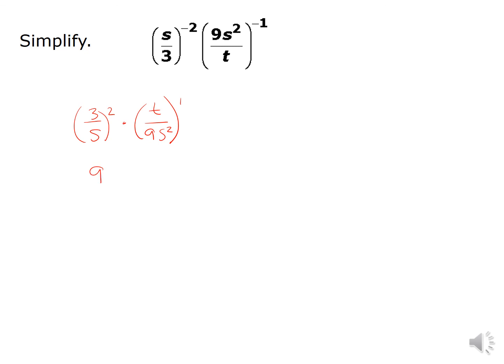So now it's 9 over s times t over 9s squared. Hold on, yes. And so the 9's cancel, and my final answer is t over, I forgot to do s squared. Okay, over s to the 4th, because it's 2 plus 2.